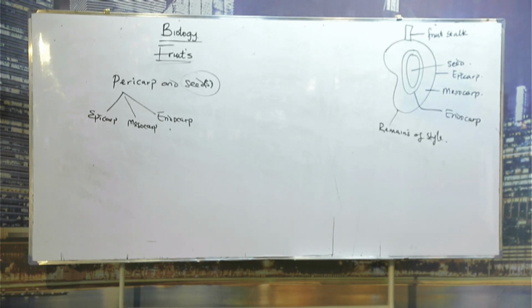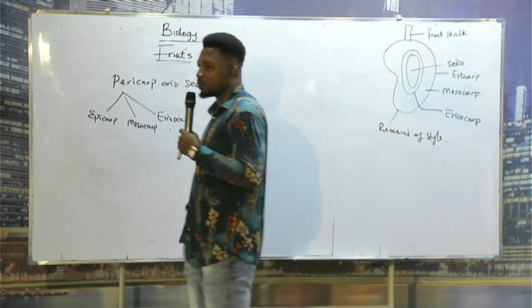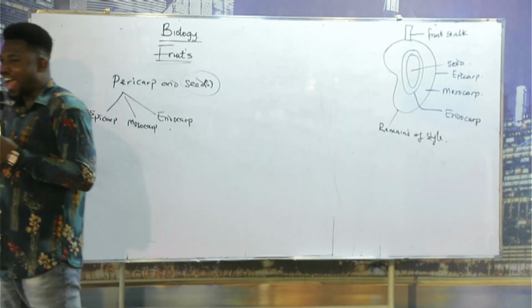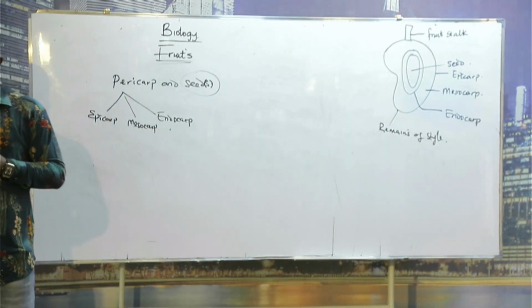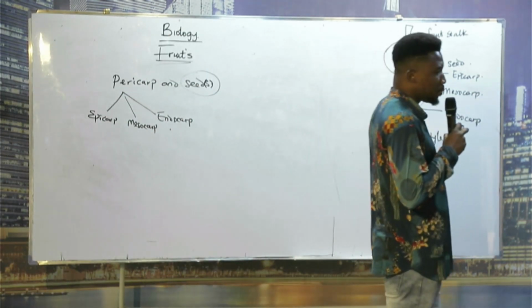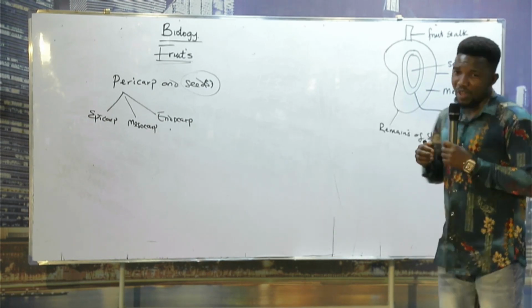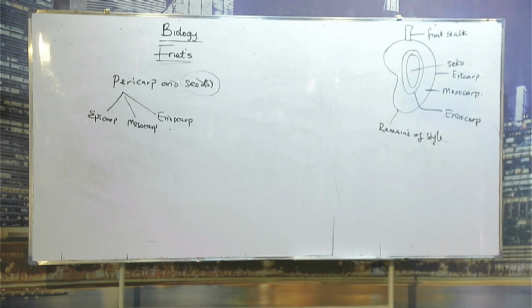The fruit is subdivided into pericarp and the seeds.